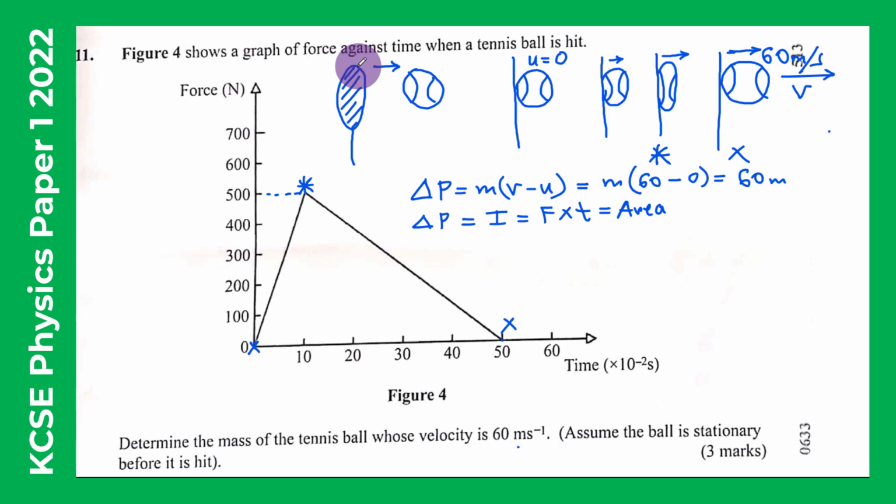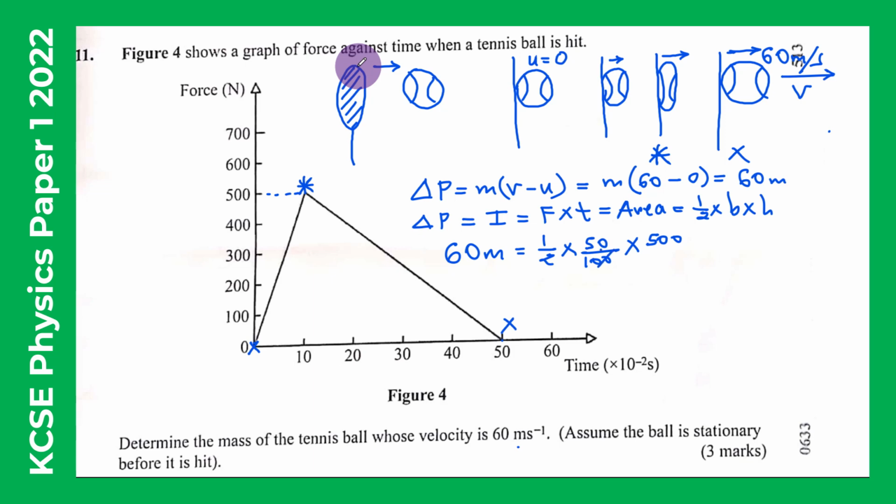And this area is actually the area of a triangle, a half base times height. So we're going to say this change in momentum, which is 60m, is going to be equal to a half times the base, which is 50 by 10 raised to minus 2. That is like 50 divided by 100. That is the base. And then the height is 500.